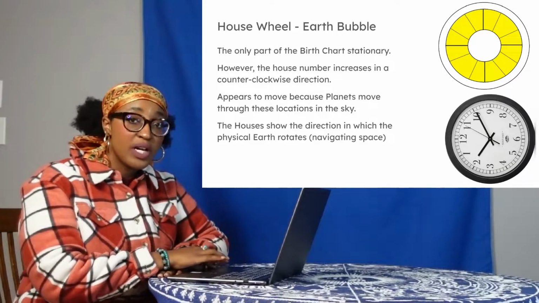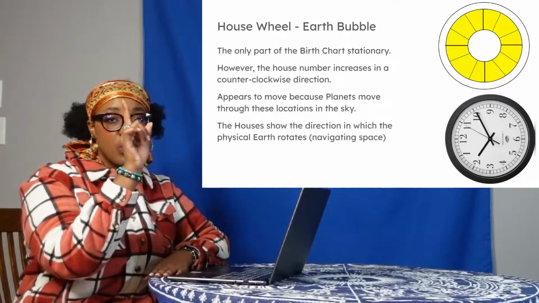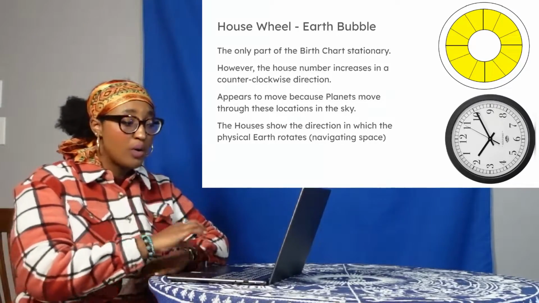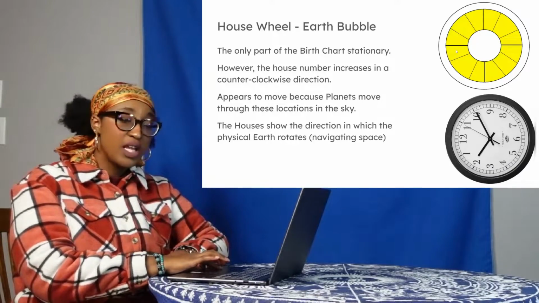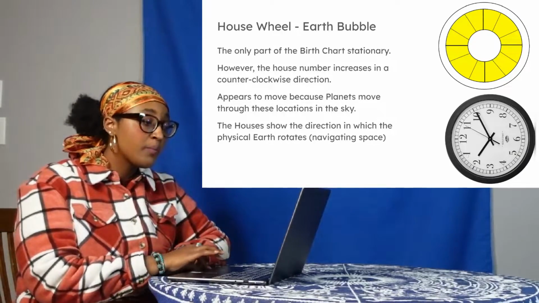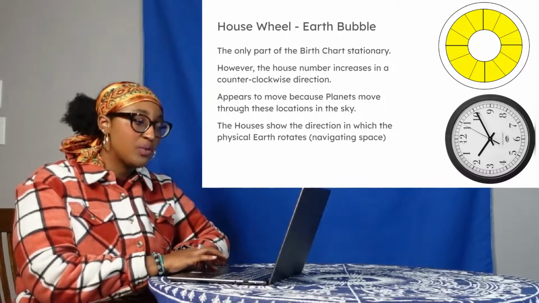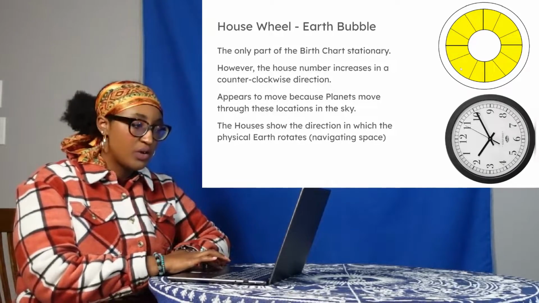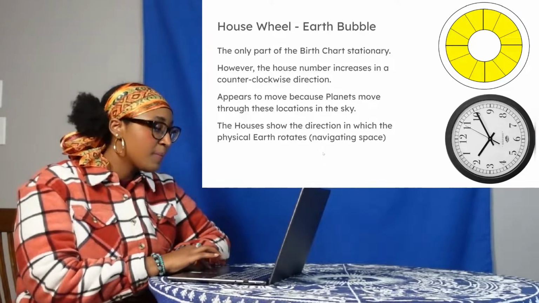And in this picture right here at the bottom, if you look at it, this clock is going backwards, counterclockwise. And if you put it where the first house is supposed to be in the natal chart, birth chart, you'll see first house, second house, third house, fourth house, moving all the way to the 12th house.